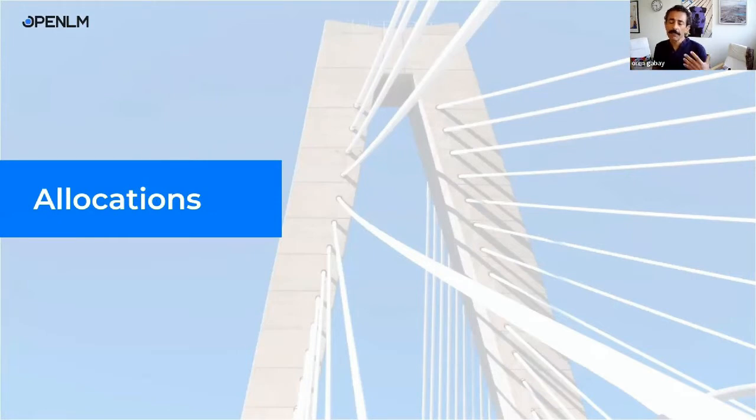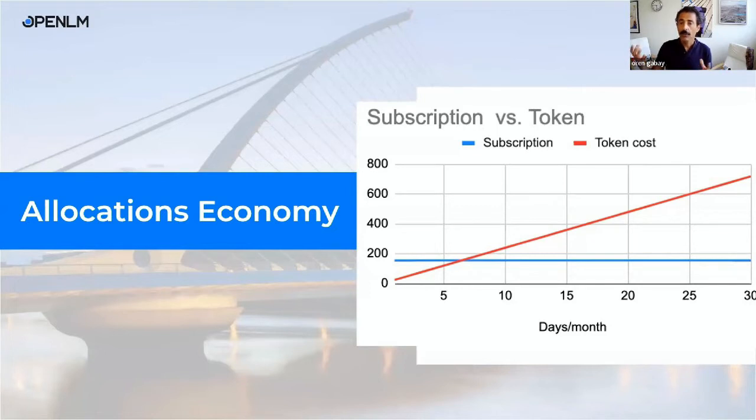And the question is what license to allocate to which user, and I would like to say a word about the economy of allocation. As Branislav presented, the two main models available to small and medium organizations are subscription and Autodesk Flex.